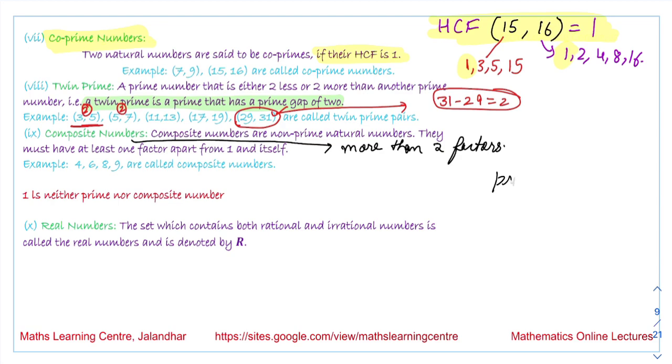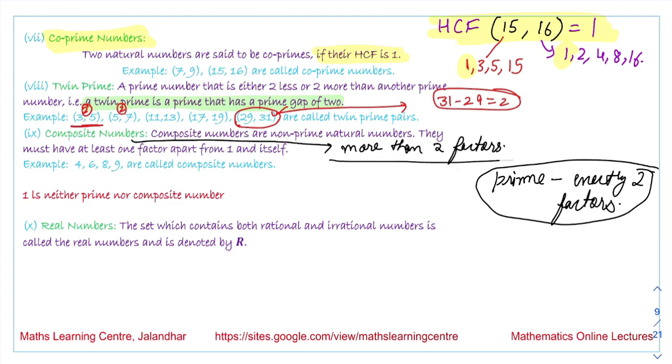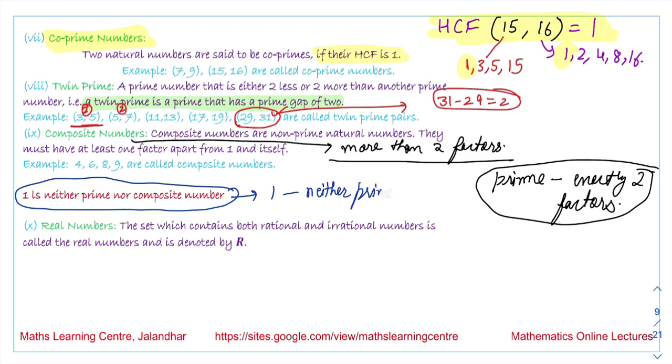Prime numbers have exactly 2 factors. Composite numbers have more than 2 factors. If we look at the number 1, it has only one factor, 1. So it is neither prime nor composite.